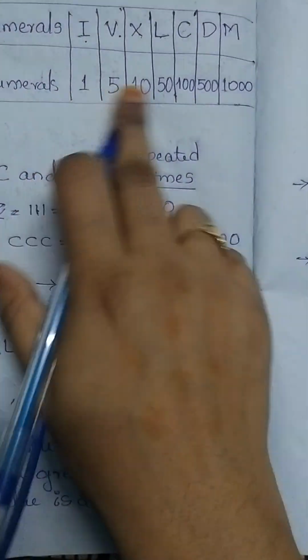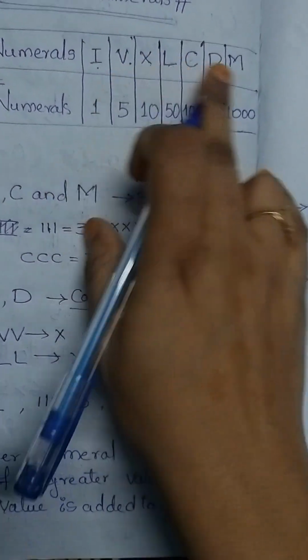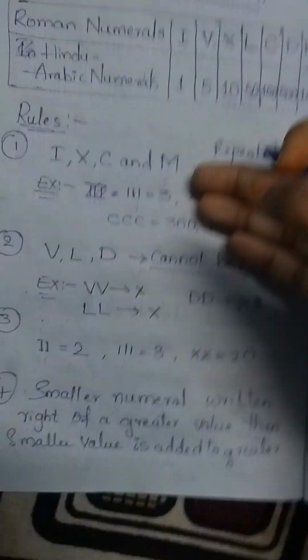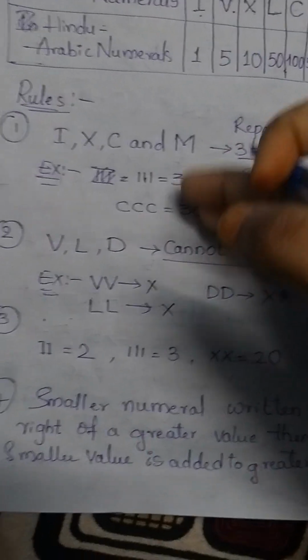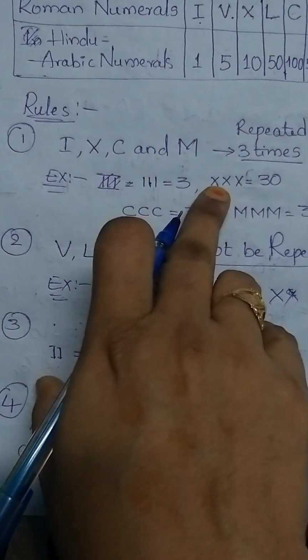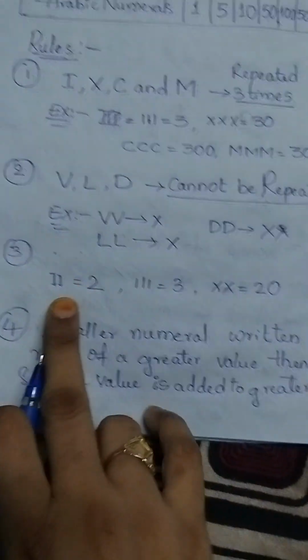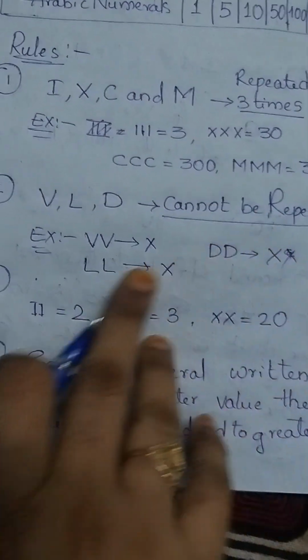Daily we can use these numbers. Compare these, children. First remember these 7 symbols, then only you can practice these examples. The rules are: you cannot repeat a symbol more than a maximum of 3 times. I, X, C and M can be repeated, but V, L and D cannot be repeated, children.